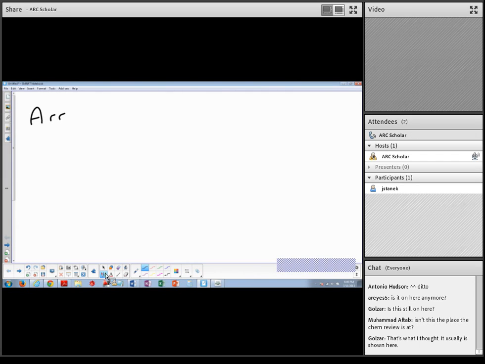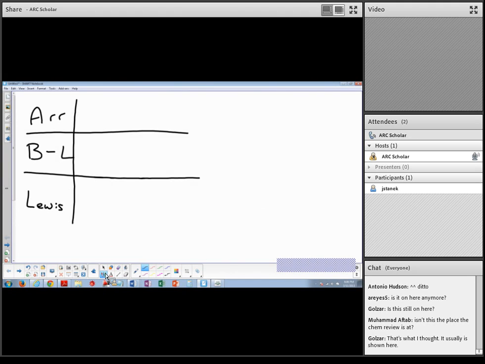So we've got 3 types of acids and bases: Arrhenius, Bronsted-Lowry, and Lewis. The thing about these is, as you go down, the definition gets less specific.